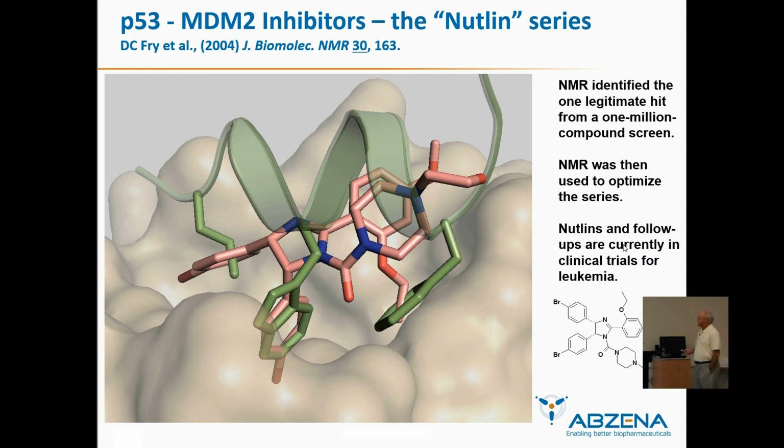And you can see that even though it's mimicking the interactions, it's doing it with different chemotypes. So here, aliphatic being achieved with something aromatic and vice versa. Also, the entry vectors can differ. So here are cases where the Nutlin is coming in perpendicular to the way the natural partner does.